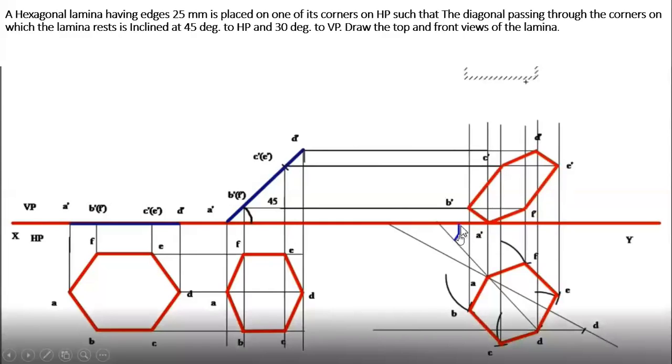Measure the beta angle. Beta angle is around 44 degrees.